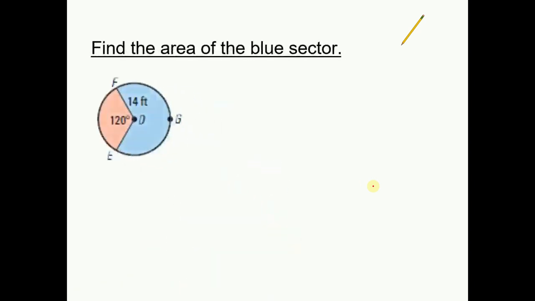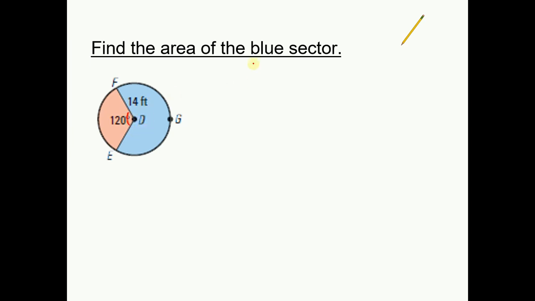So I need to find the area of the blue sector. You might need to color that in on your diagram because I know it's black and white on yours. We need to find the blue sector's area. Can't use 120 degrees though, because that's for the red. How many degrees is my blue sector?